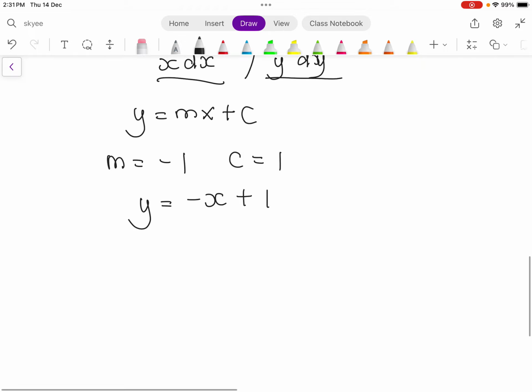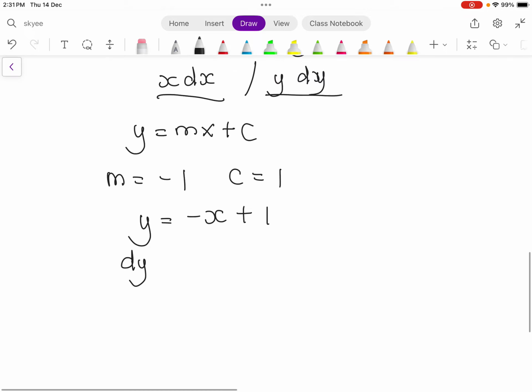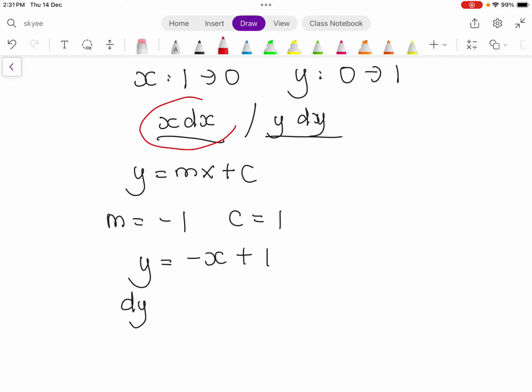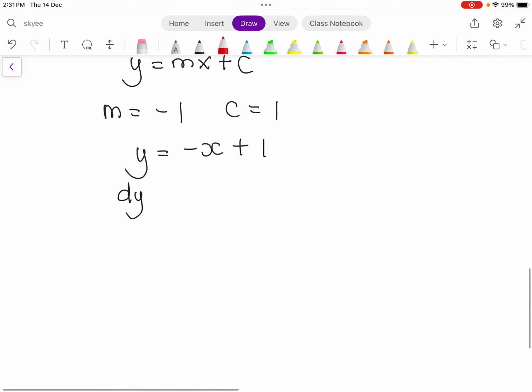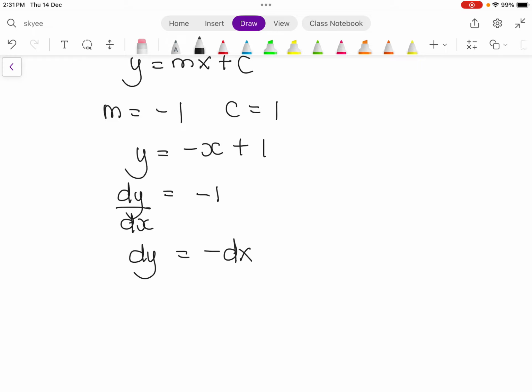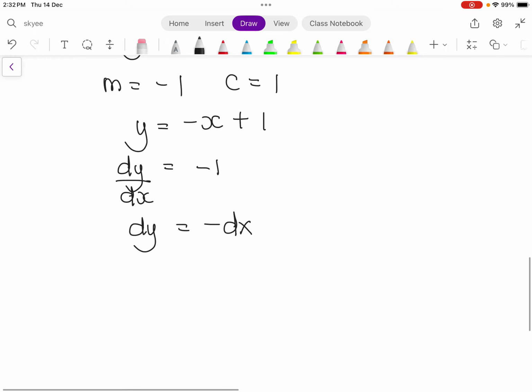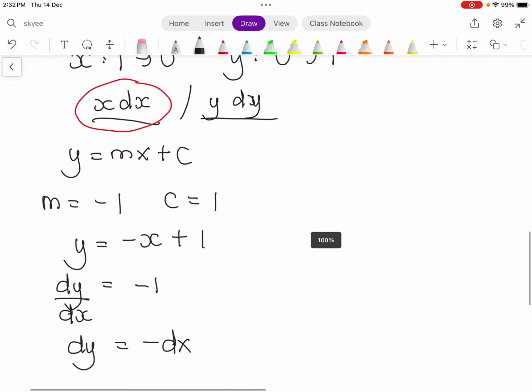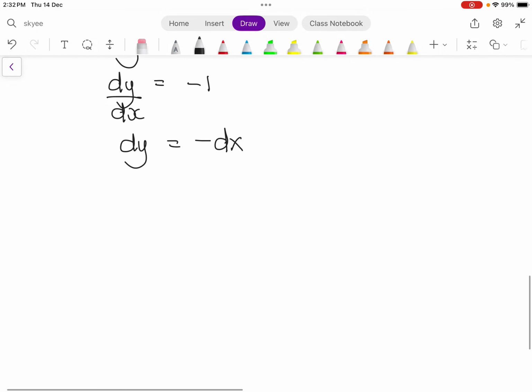So in case I want to convert it into the dx, for example, I just pick one. I want to convert it into this one. So I will calculate what is my dy dx. It will be negative 1. And my dy will be negative dx. So when I know this thing, look at this integral.